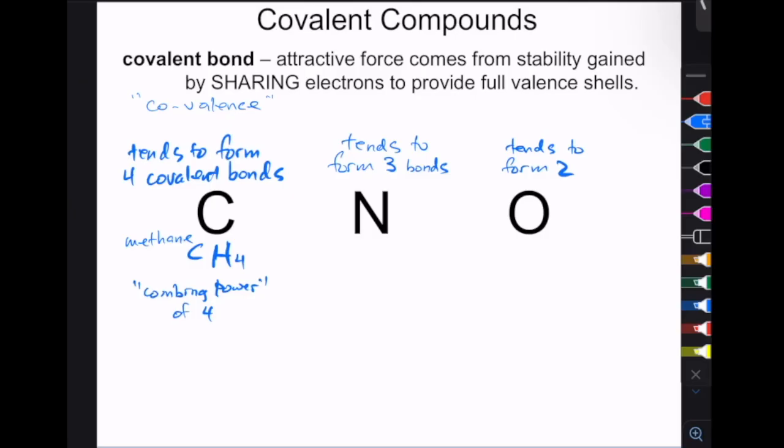So again, we can have a combining power of 3 with nitrogen, and a combining power with hydrogen for oxygen, that's 2, right? When we mix nitrogen and hydrogen, there's your 3, NH3, that's ammonia. When we mix hydrogen and oxygen, the combining power for oxygen is 2, we have H2O.